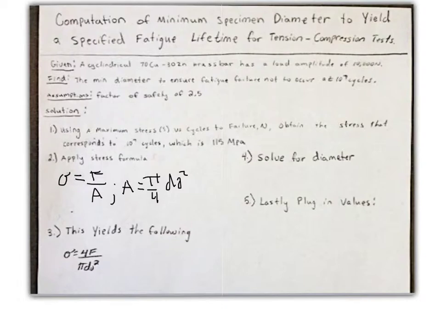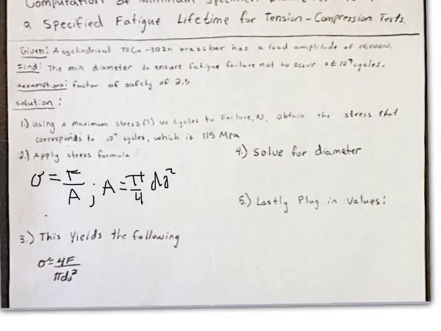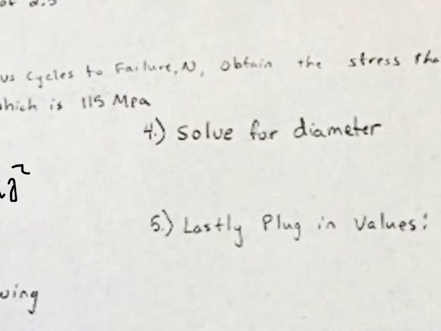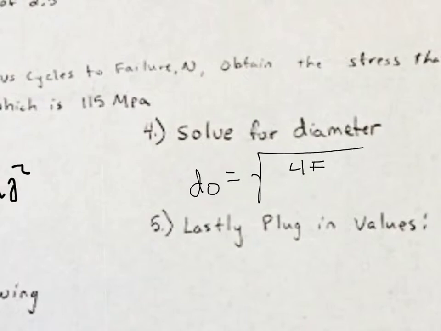Solving this equation for the diameter, we will obtain that d naught is equal to the square root of 4F divided by pi times the stress over n, where n is the factor of safety.